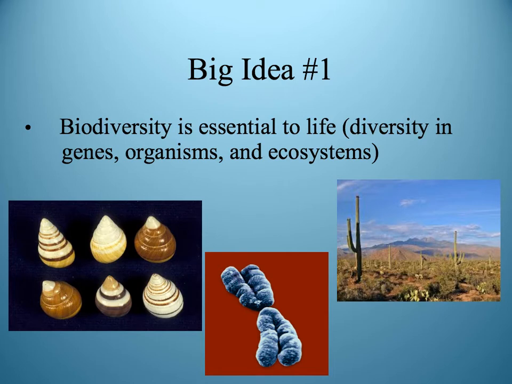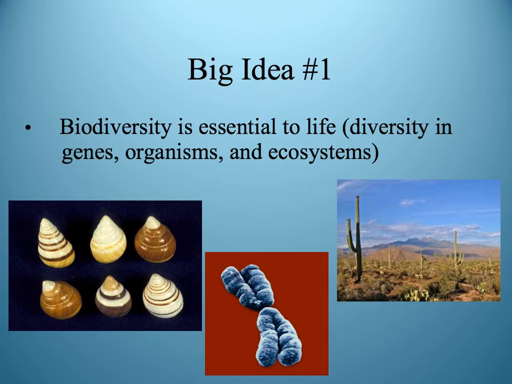As I do with most of the lectures, we're going to explore Chapter 4 looking at different big ideas. So the first big idea is that biodiversity is essential to life. So we'll look at it on a bunch of different levels. Specifically, we'll look at biodiversity amongst genes, across organisms, and then also across different ecosystems.